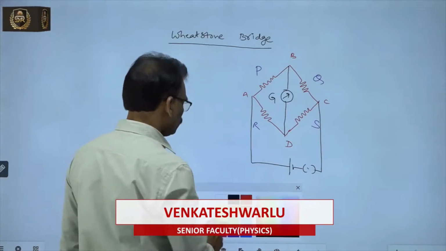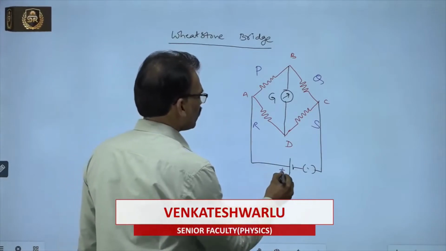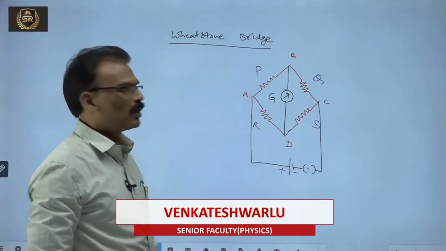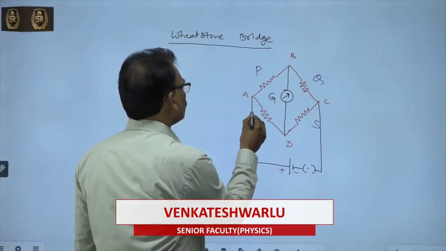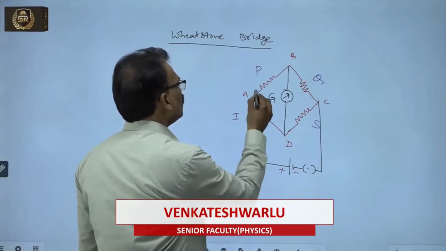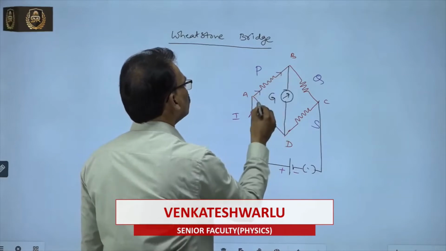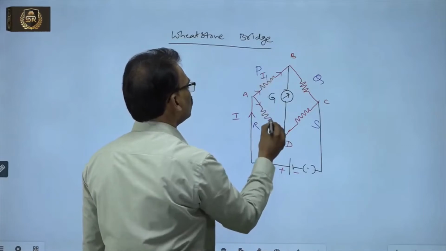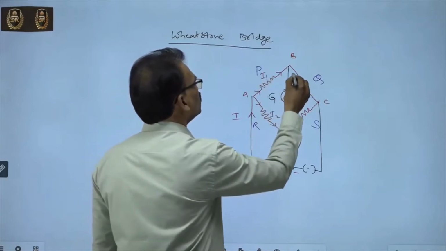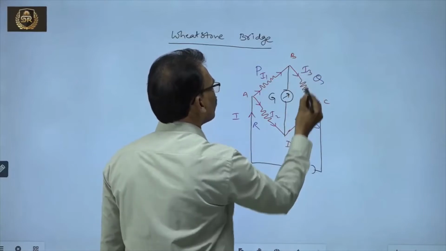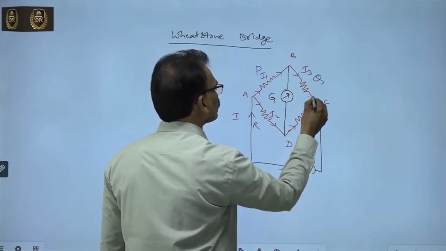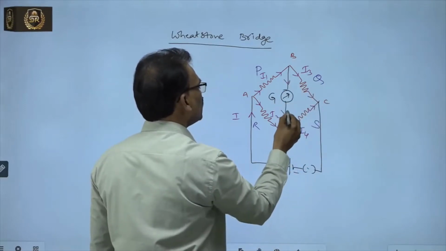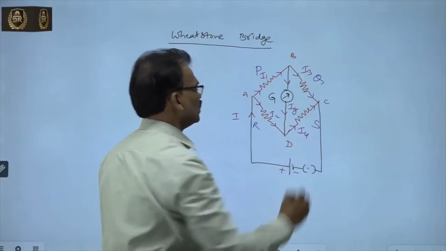Now, let the positive terminal of the battery be connected at A and the negative terminal at C. So let the current coming here be I. Let the current flowing through this one be I1, through this one I2, next this I3, next this I4, and through the galvanometer I of G.